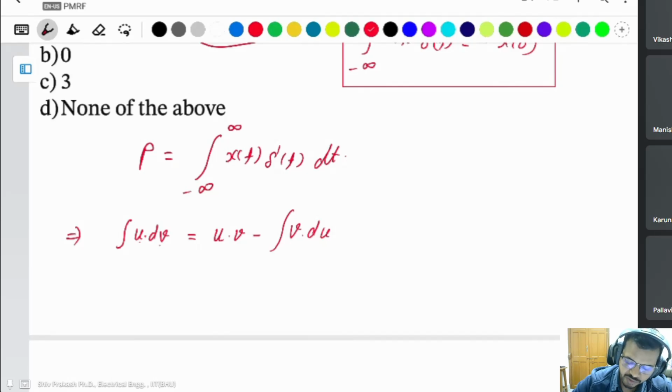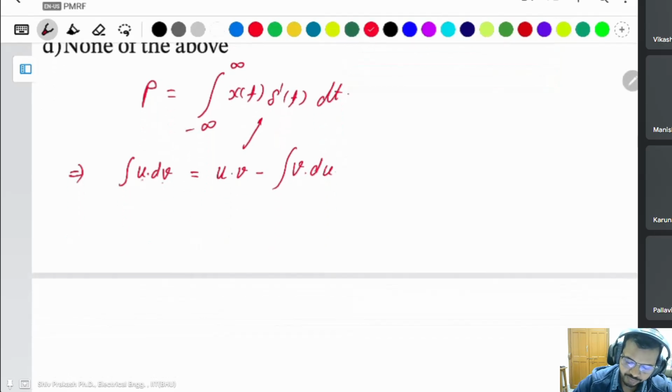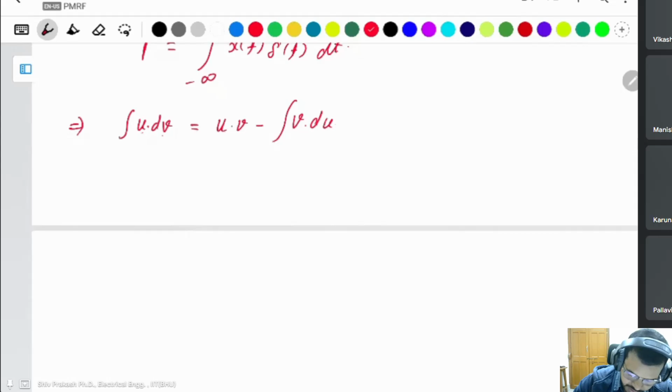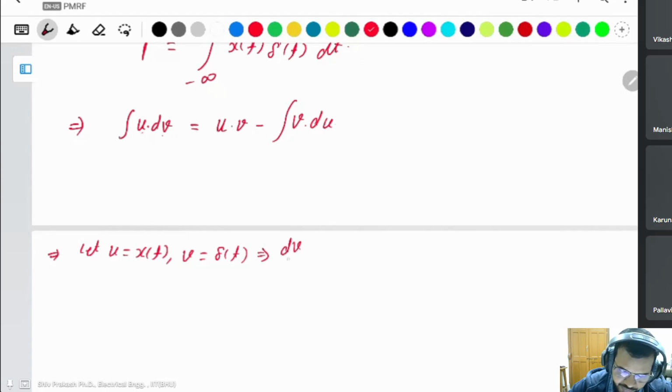The same formula you can use here. Let's assume u is equal to x(t) and v is equal to the delta function del t. If we differentiate this one, del v by del t is equal to del dot function t. You can also write dv is equal to del dash t into dt.